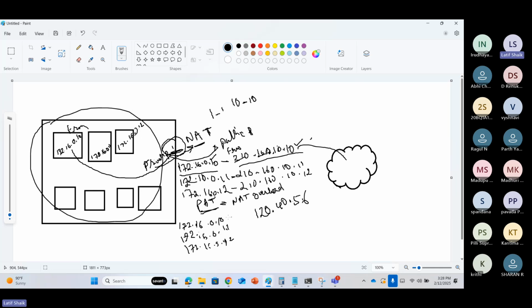When 10 is communicating to the outside of the network, it is assigned some port number. The packet is taken with this IP address, and the port will be translated. It goes with this IP address with this port number matching.